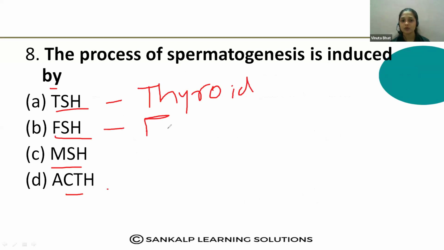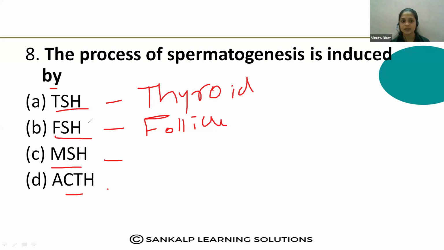FSH means follicle stimulating hormone. Melanocyte stimulating hormone, and ACTH, adrenocorticotropic hormone. So they have given four hormones like this. So here the spermatogenesis is induced by the FSH.